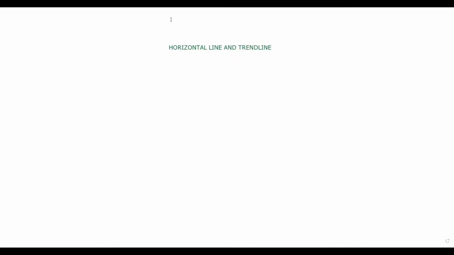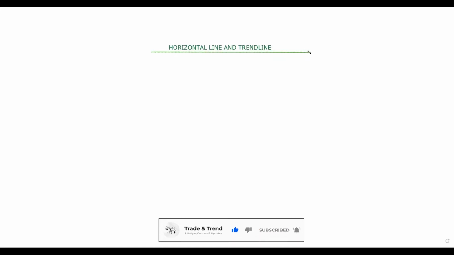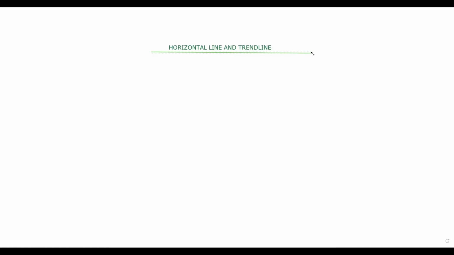Okay, the first question you should ask yourself as a trader is, what is a trend line and what is a horizontal line? You understand? Clearly, as I told you, a trend line is one of the tools we've been given by the platforms to analyze the markets, either fundamentally or technically.